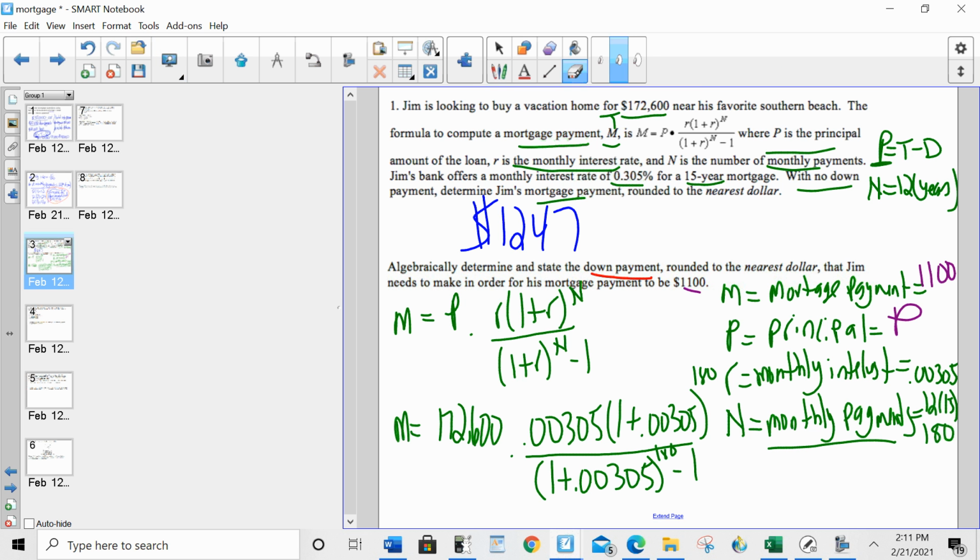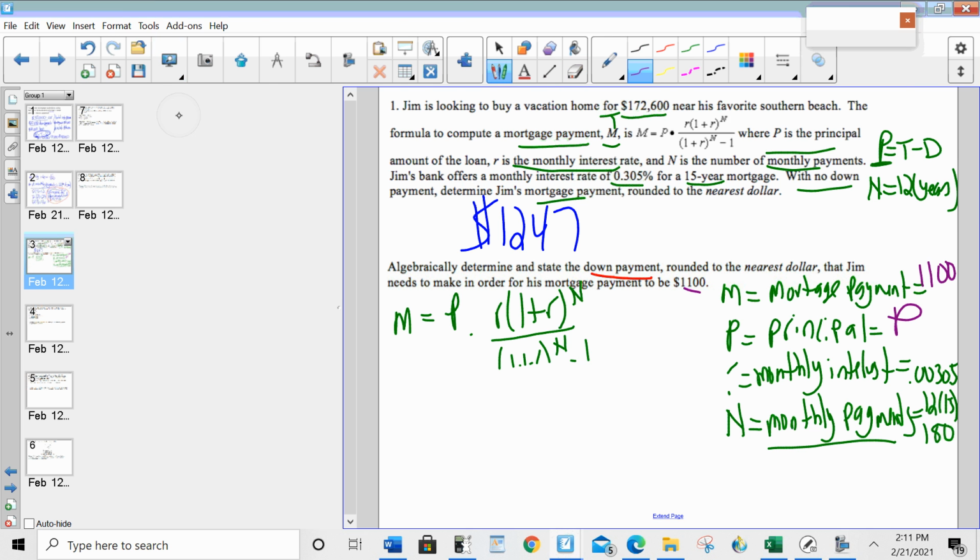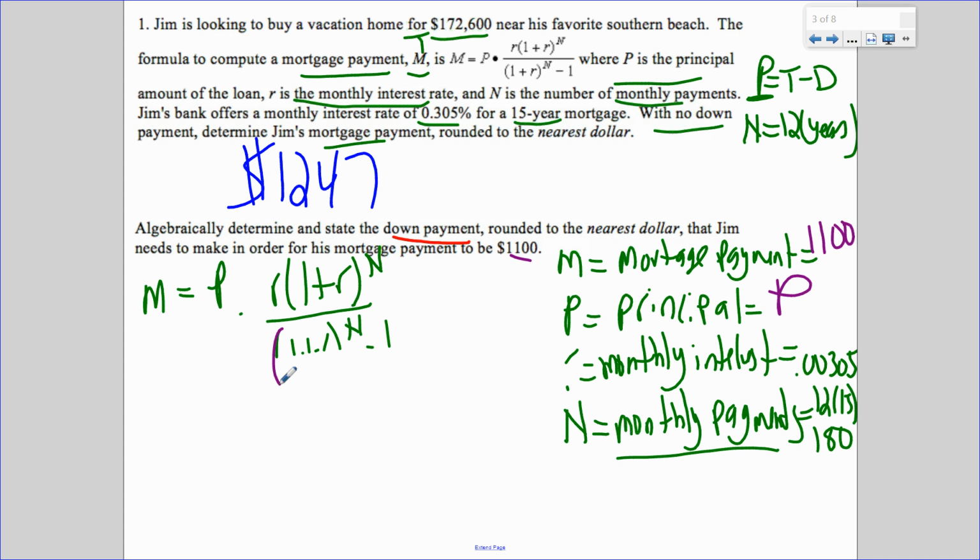So let's clear some space here. That's 1 plus RTM. All right, so 1,100 equals P, which is what we're trying to find, times 0.00305.